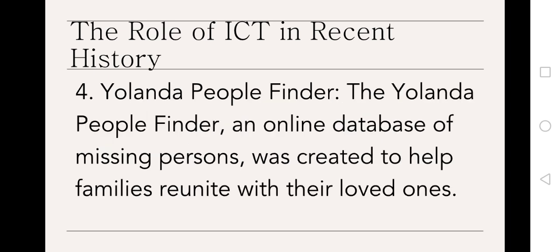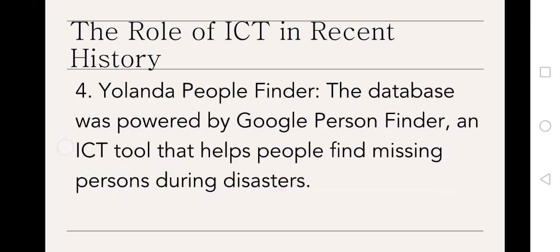The Yolanda People Finder is an online database that contains a list of missing persons, and it also contains where they are, or whether they are alive or dead, so that their loved ones can find them and meet them. Yolanda People Finder is powered by Google Person Finder, which is under Google itself.